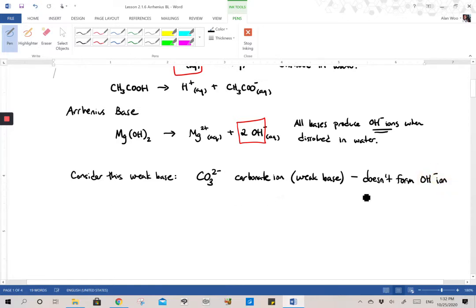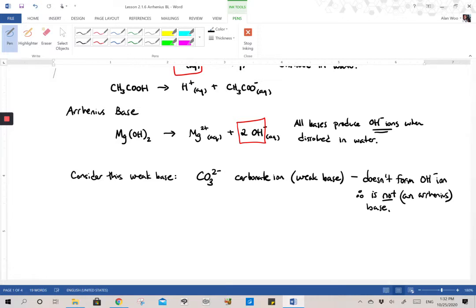Therefore, it is not an Arrhenius base. Okay, so we'll put in brackets Arrhenius base because it is still a base. It's just not an Arrhenius base.